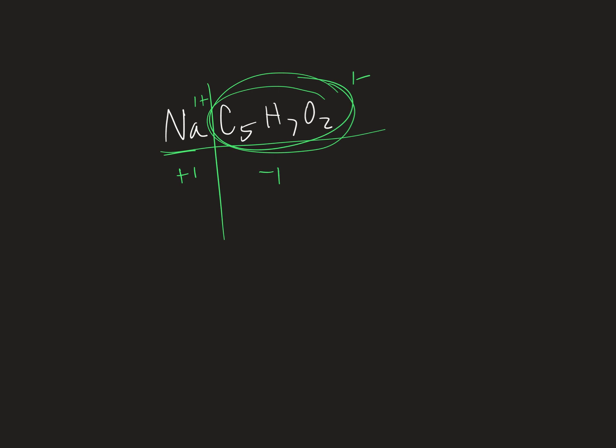So that's why it's -1. But when you Google the whole thing, it has a charge of 0, because the charges cancel each other out. The whole compound is neutral, because all ionic compounds are neutral.